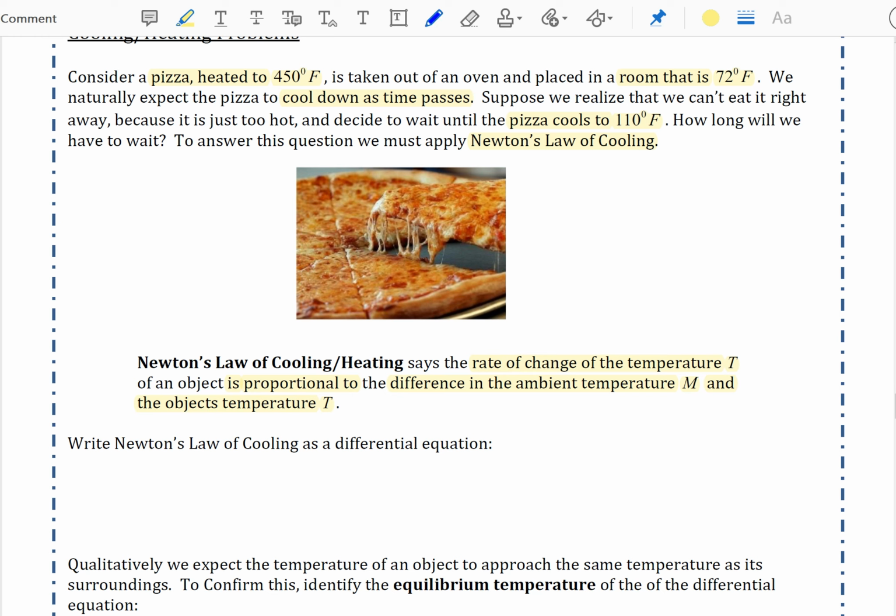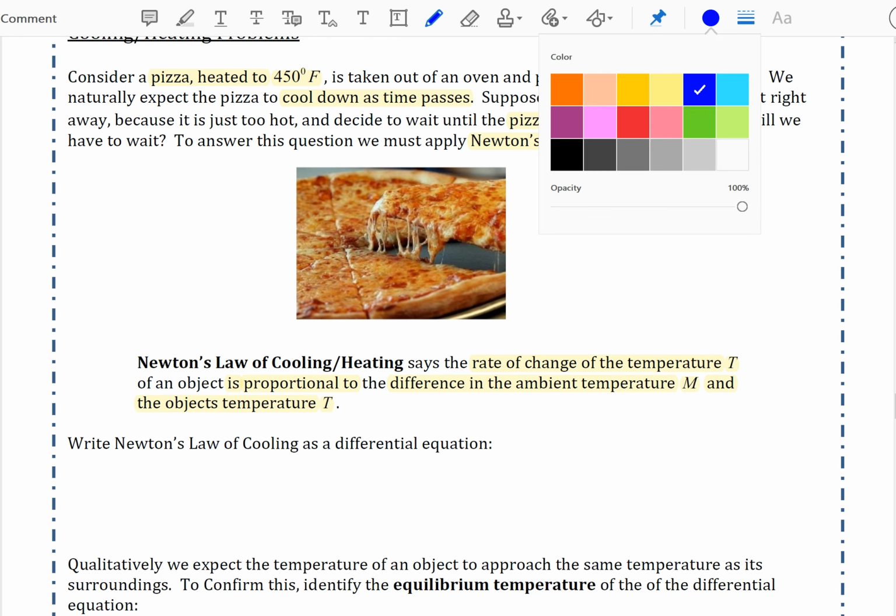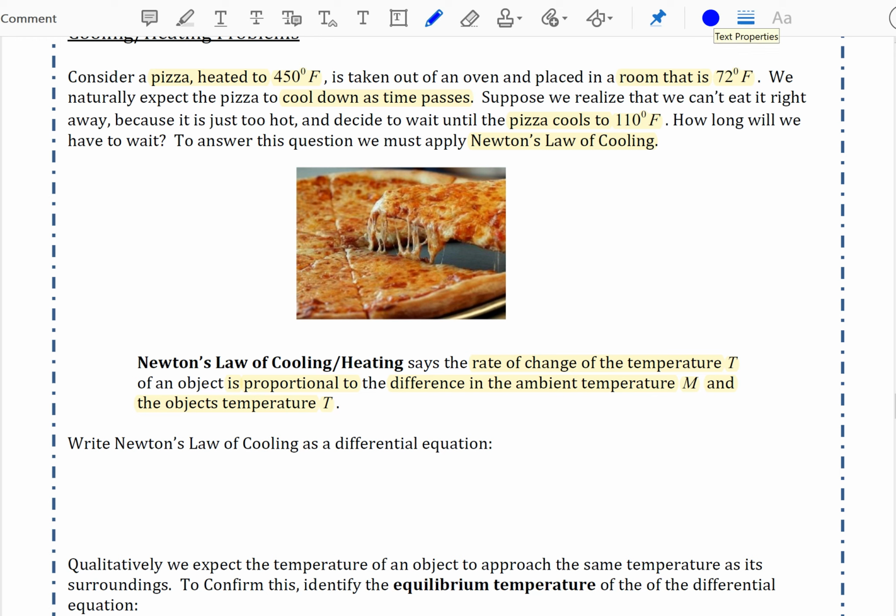We would like to write Newton's law of cooling as a differential equation. So recall, Newton's law of cooling says, when we translate this into an equation, the rate of change of the temperature, this gives us the derivative.